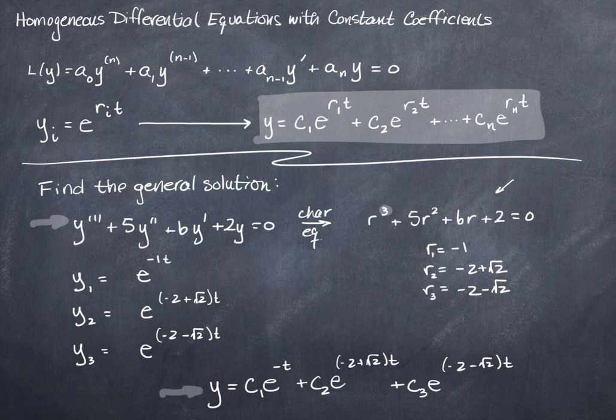So this is my solution. If I had had some initial conditions, if I had, for example, y of 0 equals, I'm going to say 3, y prime of 0 equals 1/2, y double prime of 0 equals -0.27.